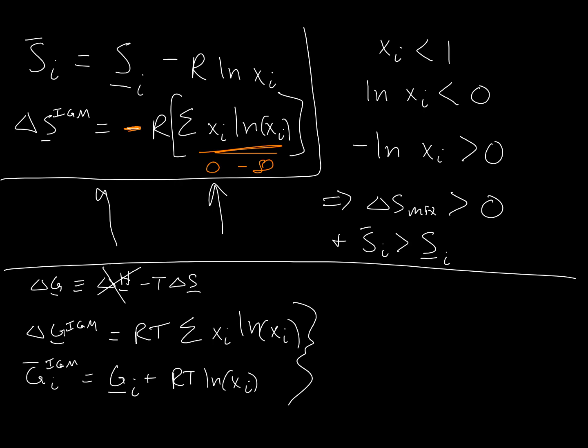But in the Gibbs free energy, it's a positive term here, which means that when you mix, the Gibbs always goes down. Always. So in essence, phase behavior is a balance between the gain in entropy that you get when you mix two things together versus the penalty of mixing two things that don't want to be in contact with one another.